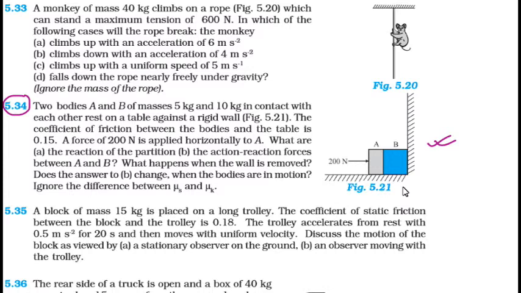A force of 200 Newton is applied horizontally to A. What are (a) the reaction of the partition, (b) the action-reaction force between A and B? What happens when the wall is removed? Does the answer to (b) change when the bodies are in motion? Ignore the difference between mu s and mu k.